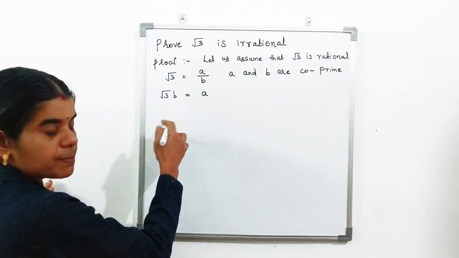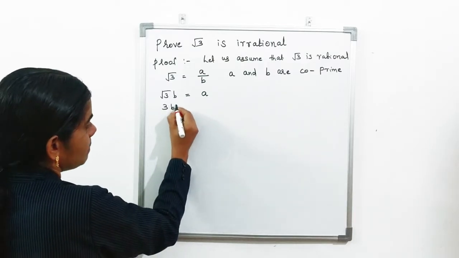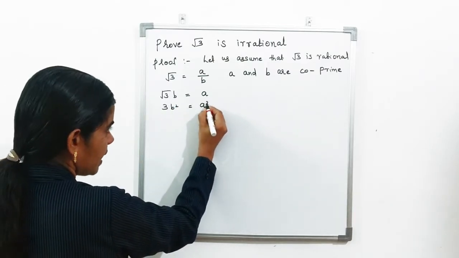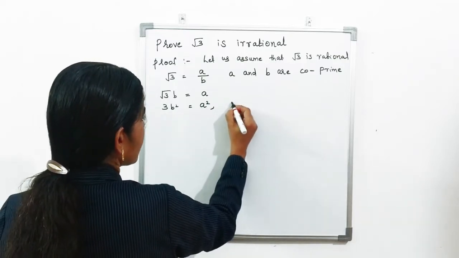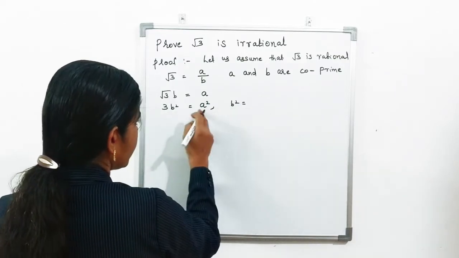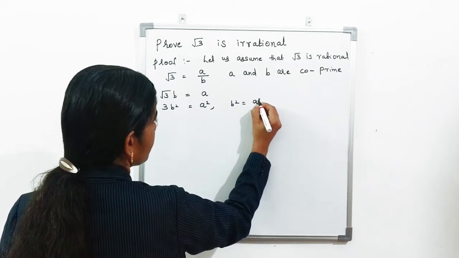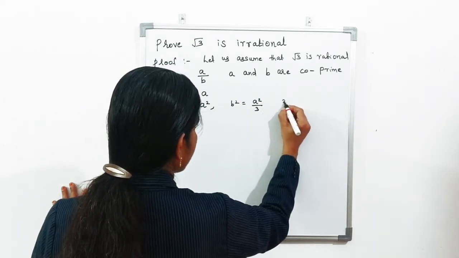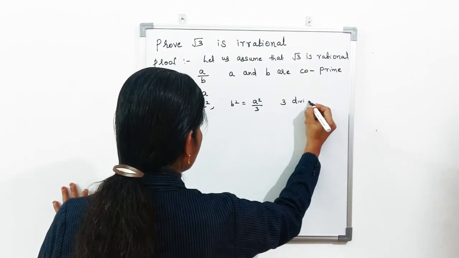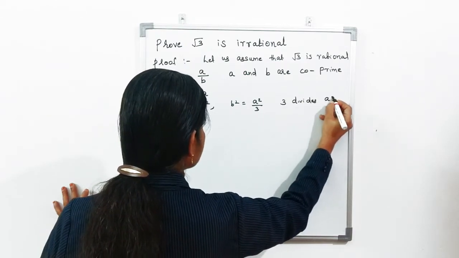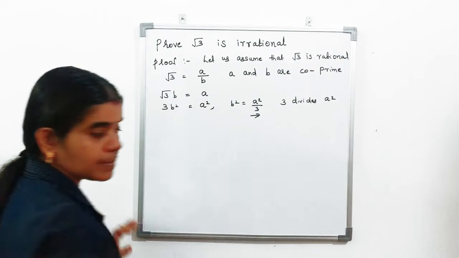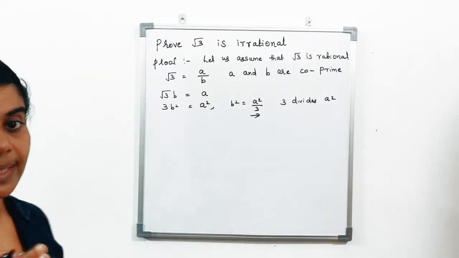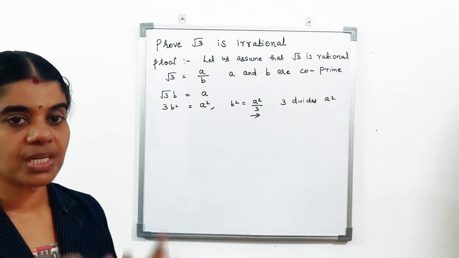Then squaring both sides we get 3b square is equal to a square. That means b square is equal to a square by 3. That means 3 divides a square.